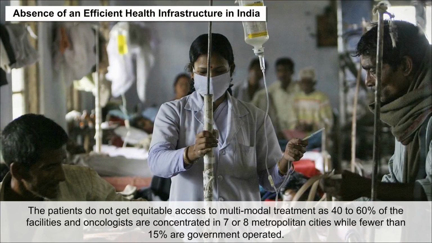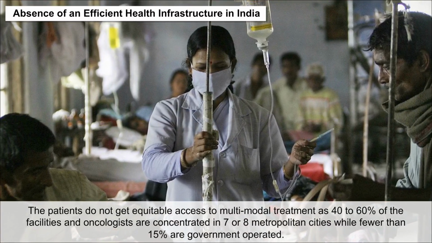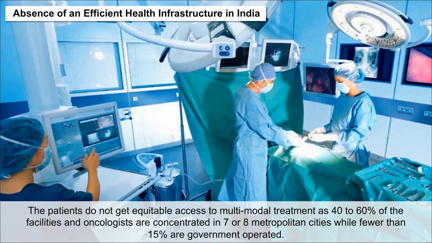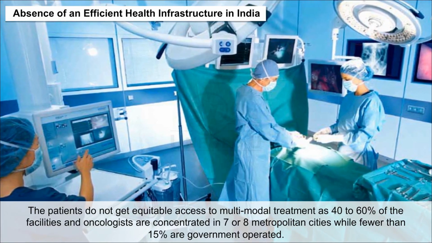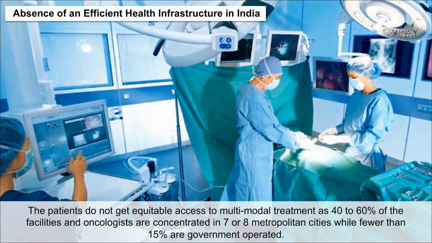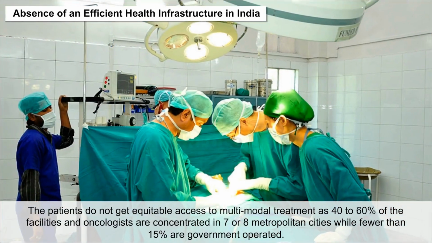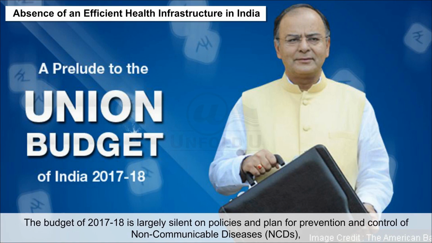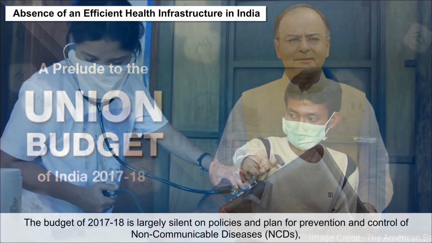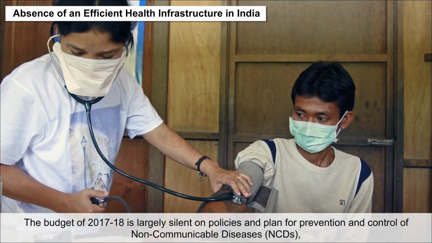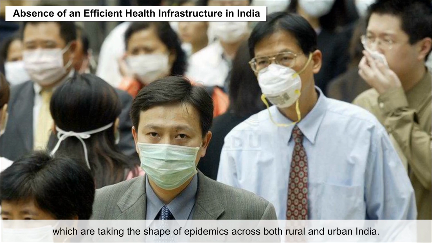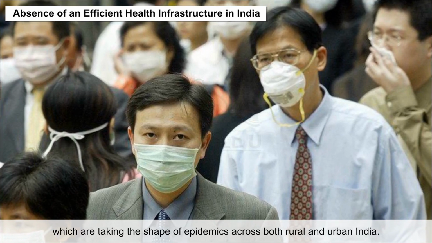The patients do not get equitable access to multi-modal treatment as 40 to 60% of the facilities and oncologists are concentrated in 7 or 8 metropolitan cities, while fewer than 15% are government operated. The budget of 2017-18 is largely silent on policies and plans for prevention and control of non-communicable diseases, NCDs, which are taking the shape of epidemics across both rural and urban India.